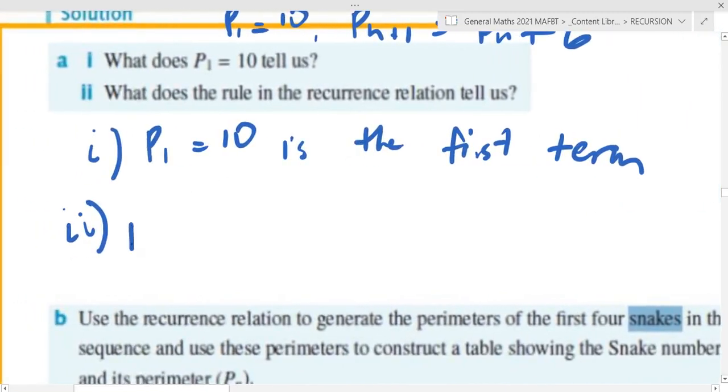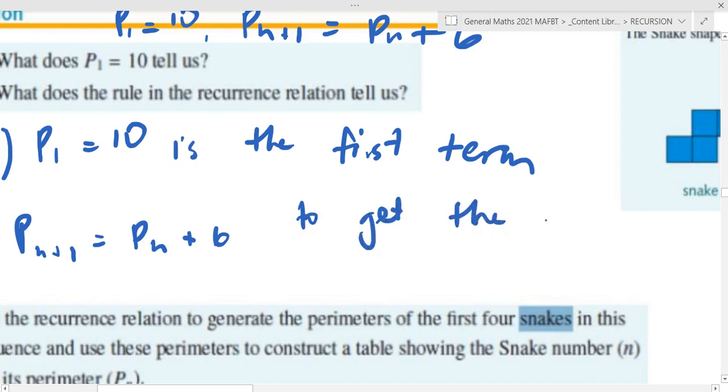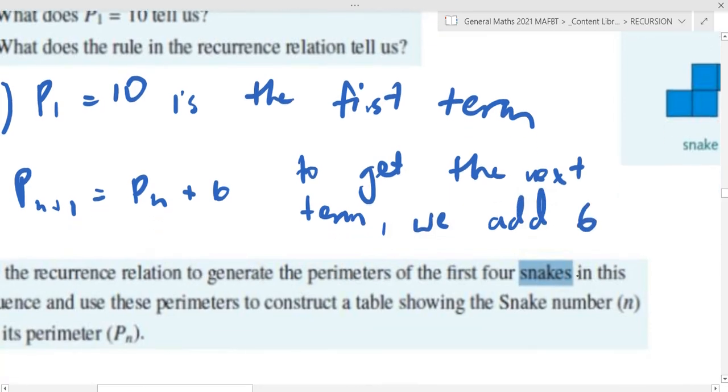So that means the rule, Pn plus 1 equals Pn plus 6, is saying, actually I might write, to get the next term we add 6. That's all it's saying.